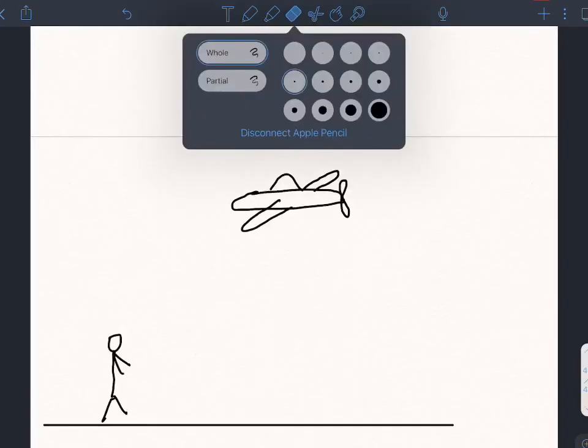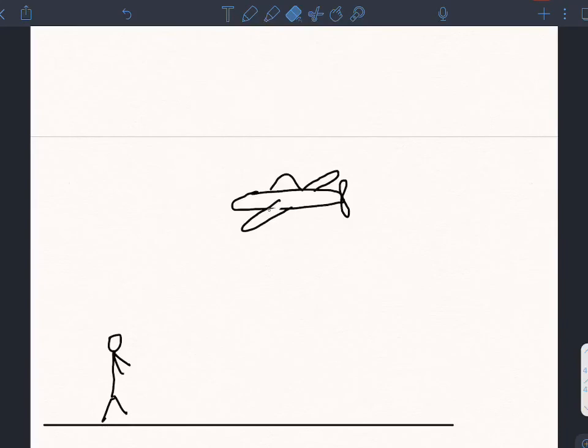Let's erase this part of the plane, so it is more likely to be a plane, and this was actually the place where the pilot sits. So let me draw that better. And let's say there's a pilot in it, okay, which is driving the plane.